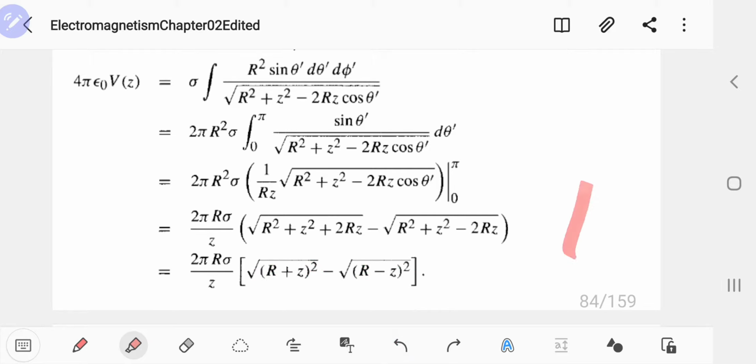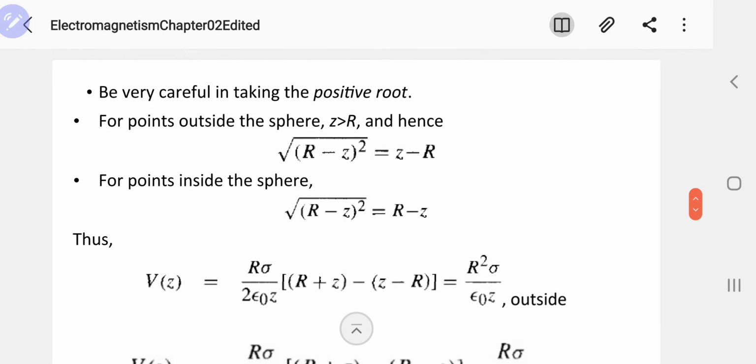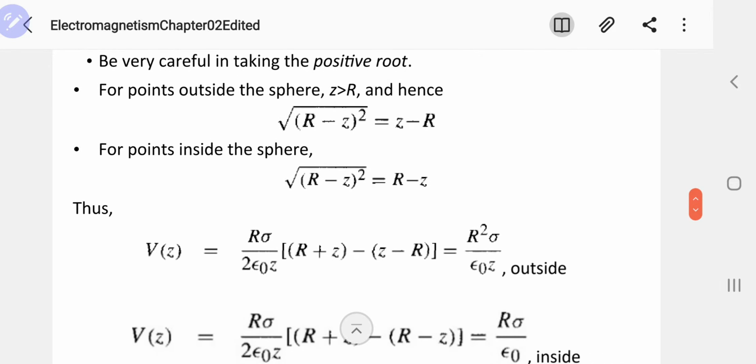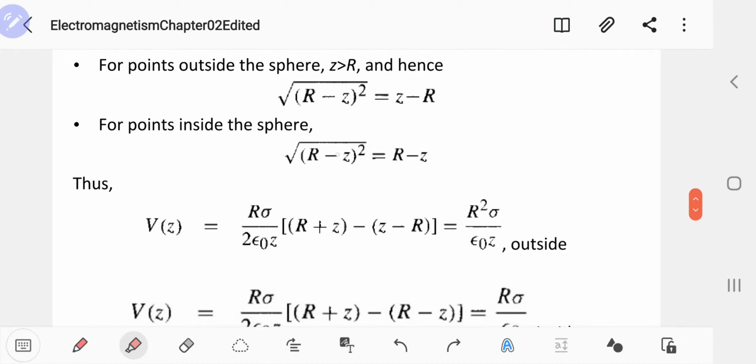So for points outside the sphere, you have z greater than r, and then you have this one, and then also for points inside the sphere, you have that one also.